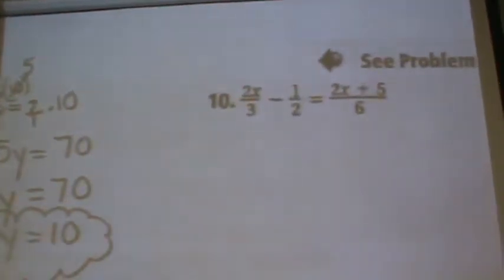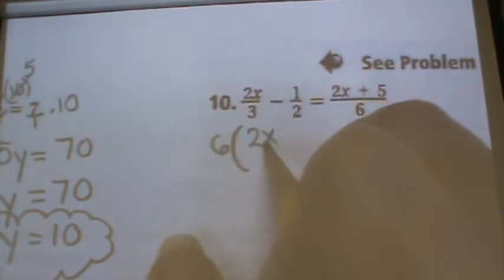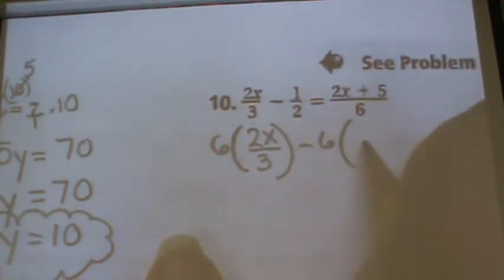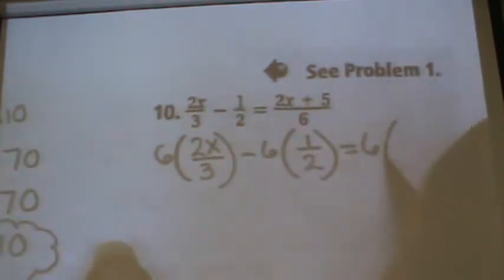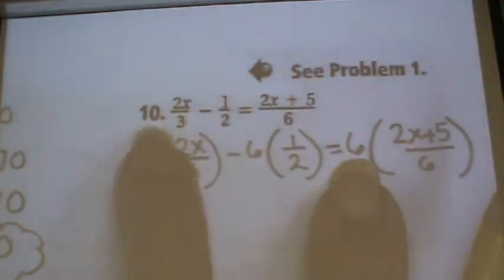Okay, next one. What's your common denominator? 6. You're going to multiply by 6. This is another thing you could do: put parentheses. I'm giving you a couple of ways. You do what's most understandable and comfortable. Okay, see what I did? I put a 6 next to each one of these.